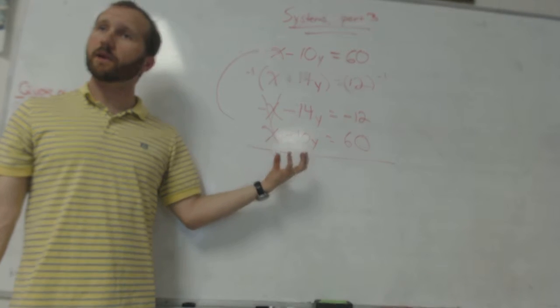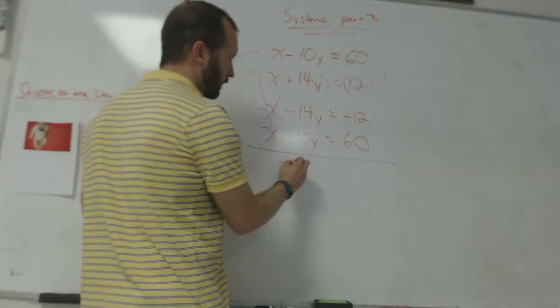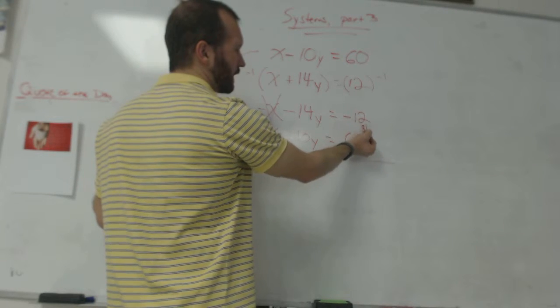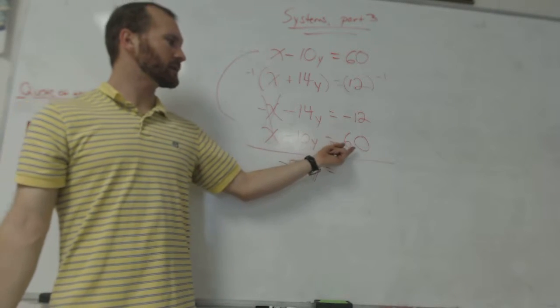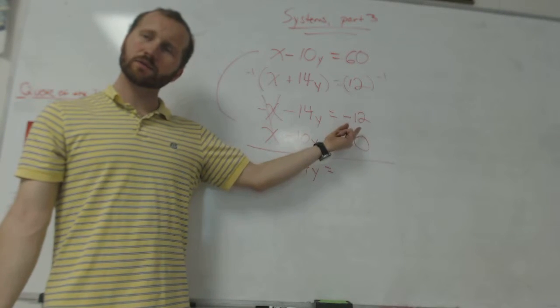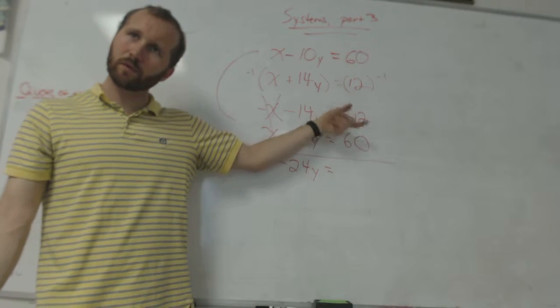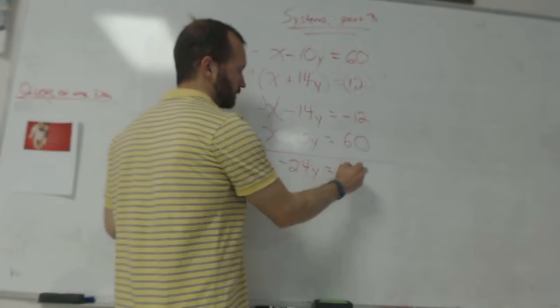So that's going to make a larger negative number. So it should be negative 24y. And then negative 12 plus a positive 60. This is the same thing as saying 60 minus 12. I can flip the order when I add, right? 48.